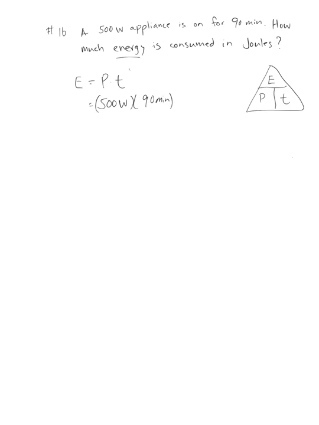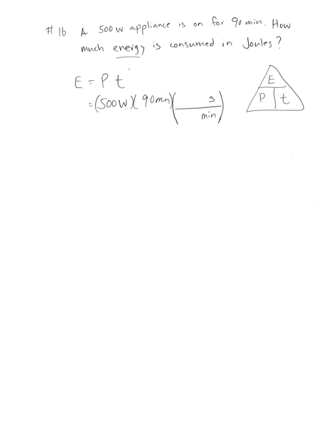Now 90 minutes is the same as, well, there's 60 seconds in each of those minutes, so we can convert minutes to seconds by multiplying by that ratio. So if minutes is on the top up here, then we want to put it on the bottom here so that they'll cancel out. So we can do that. So we'll put minutes here and seconds here.